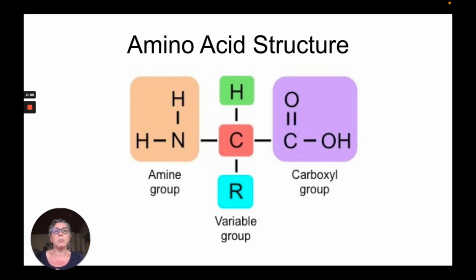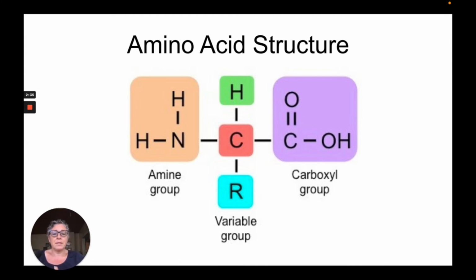One of those bonds is just a hydrogen. One is to a nitrogen, which is the base of what we call the amine group, which is a nitrogen and 2 hydrogens. And one of the main carbon bonds is to another carbon, which forms the center of the carboxyl group, which has 2 oxygens and a hydrogen in it.